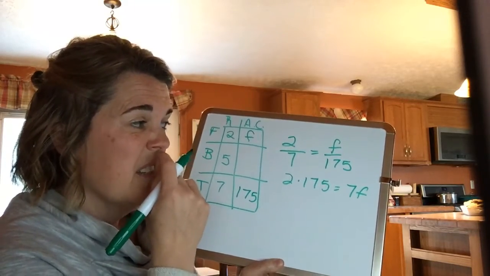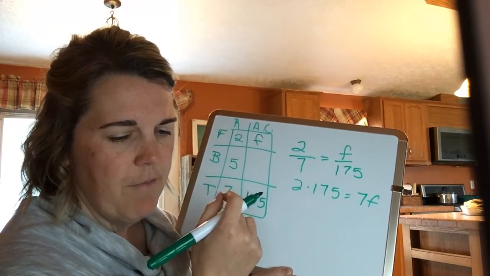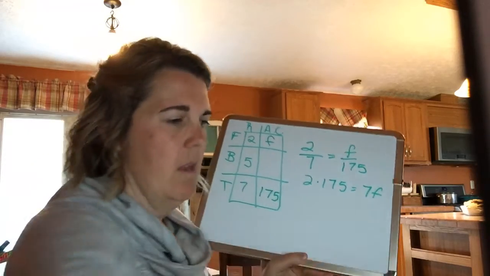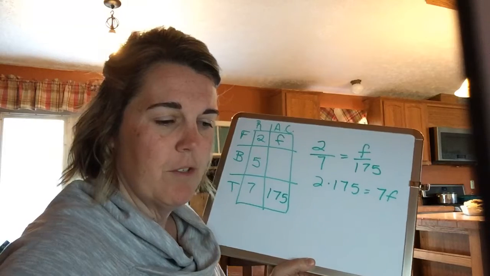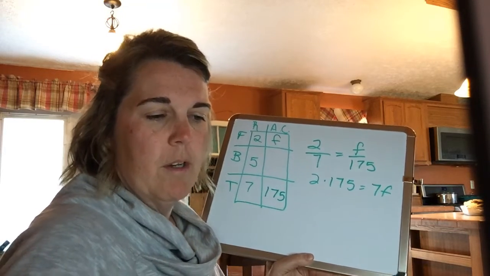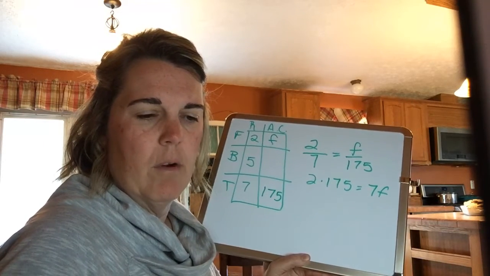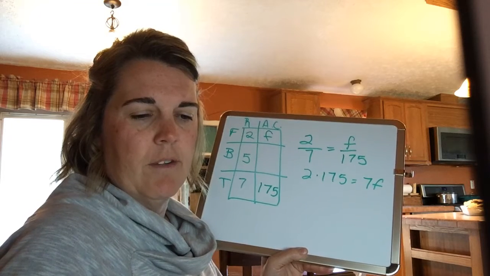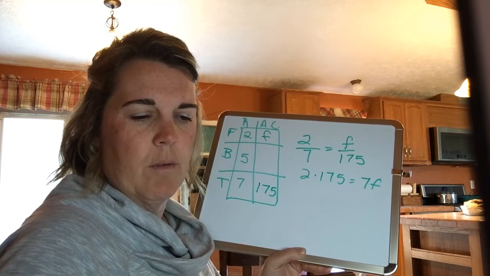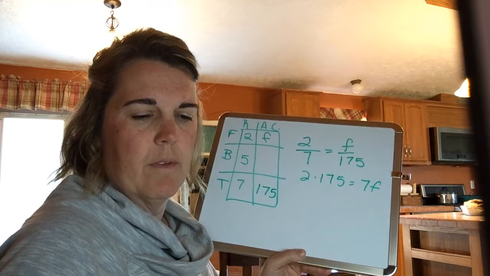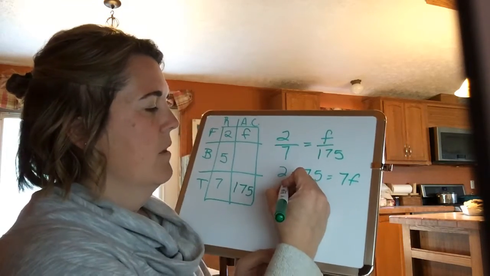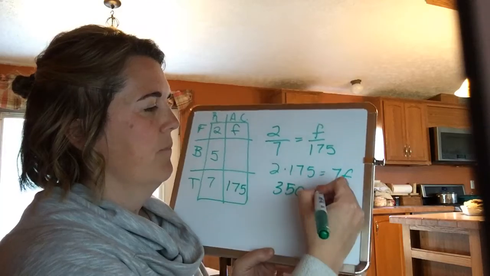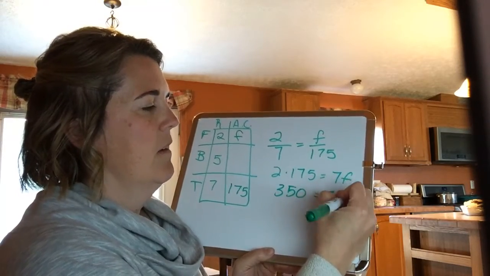So 2 times 175. I don't know what that is. So I'm going to use my, because I don't have much room on my board. 175 and 175 would be, is it 350? 350, okay? So 350 equals 7 times F.